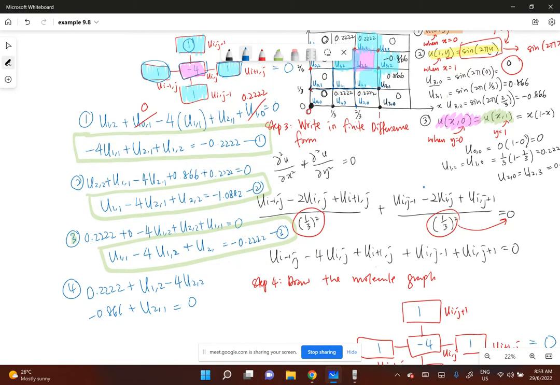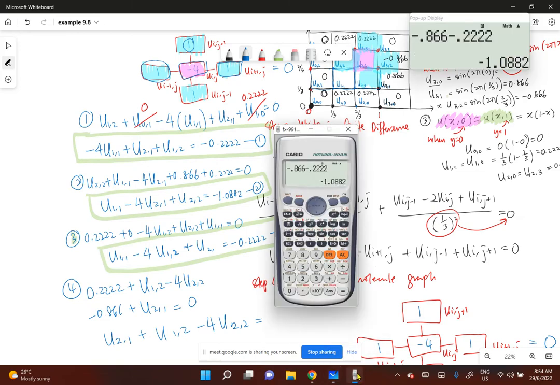So now it becomes U21 plus U12 minus 4U22 equal to 0.866 plus 0.2222.